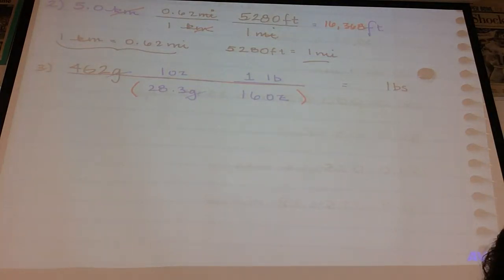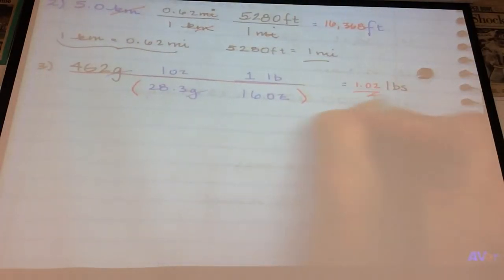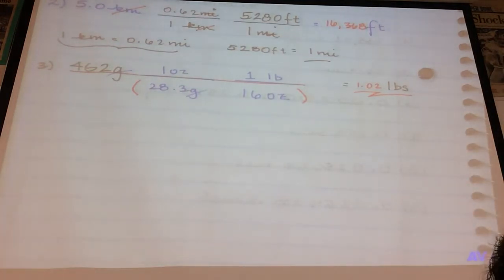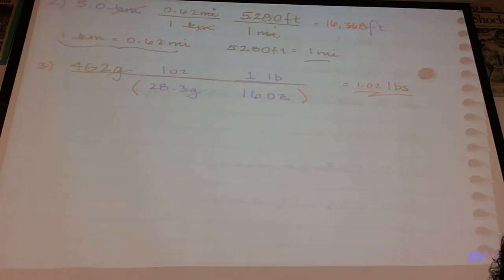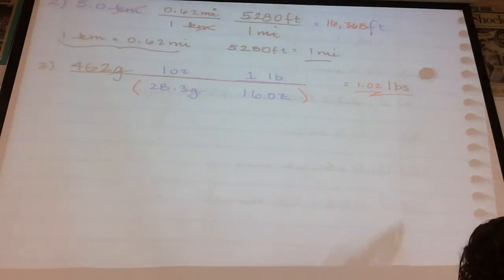So you have 462 divided by open parenthesis 28.3 times 16 close equals 1.02 pounds. Did you calculate the answer correctly? Yes? Okay, great.